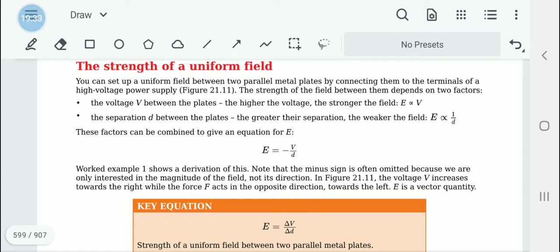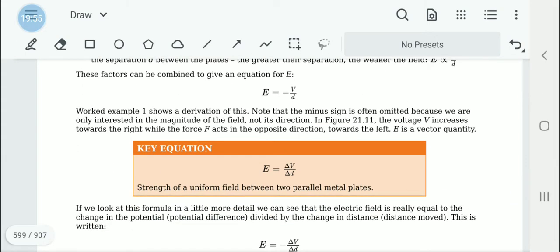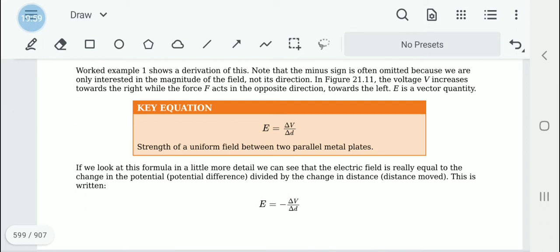By combining, leave a line and write, by combining, we get another equation for E. E equals negative V upon d.